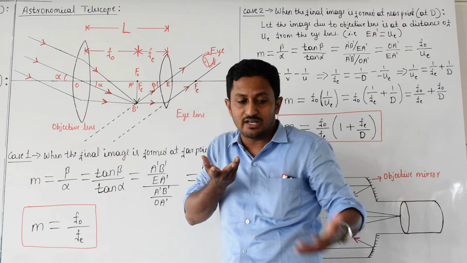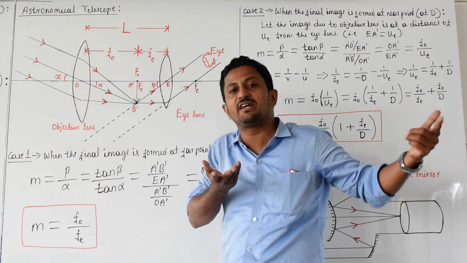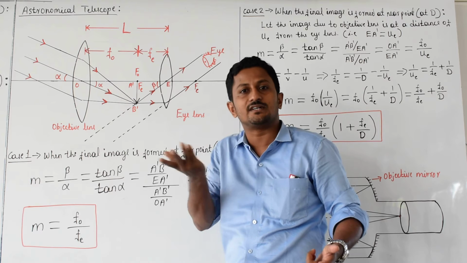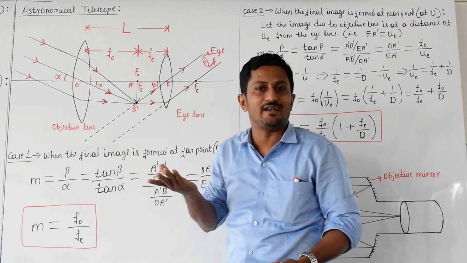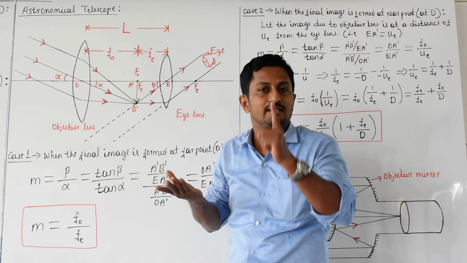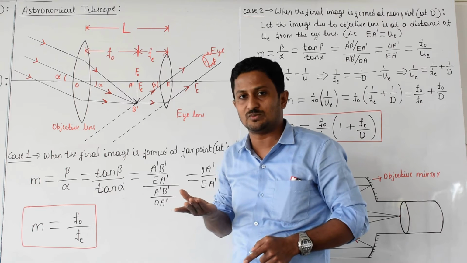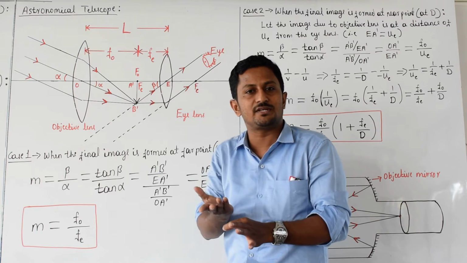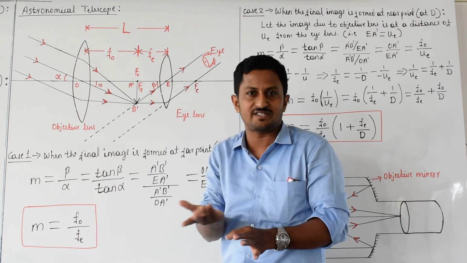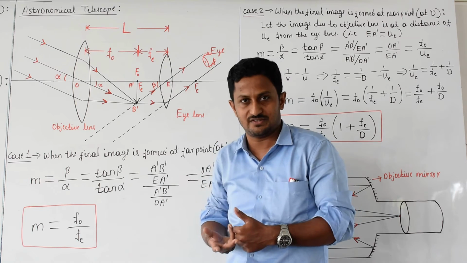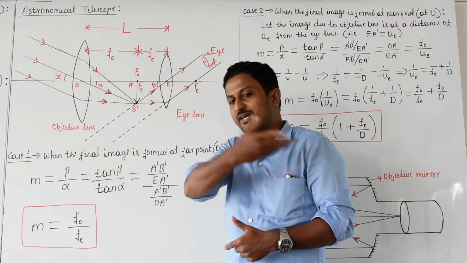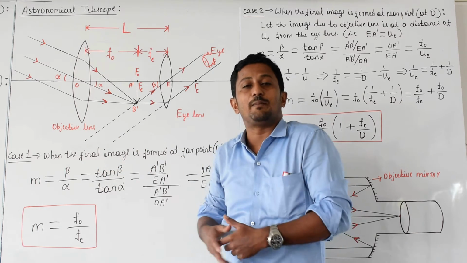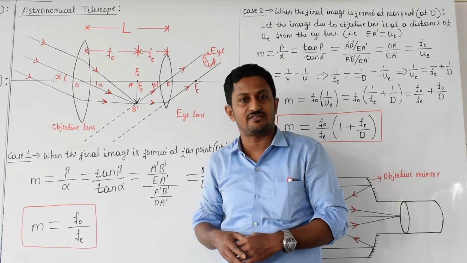To get all the light rays from that highly magnified image, the aperture of the eye lens should be greater. That's why in the compound microscope the objective lens had a small aperture, a small surface area for refraction, and the eye lens had more surface area, more aperture for refraction of light.